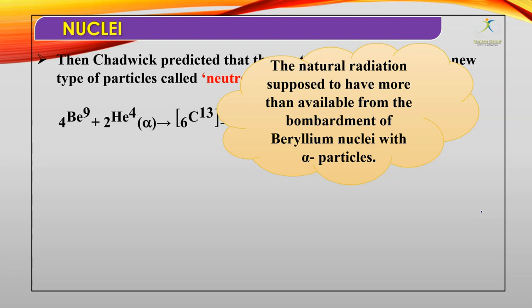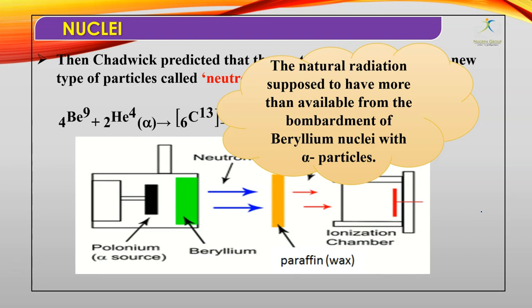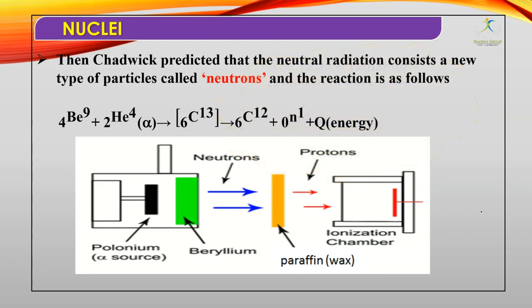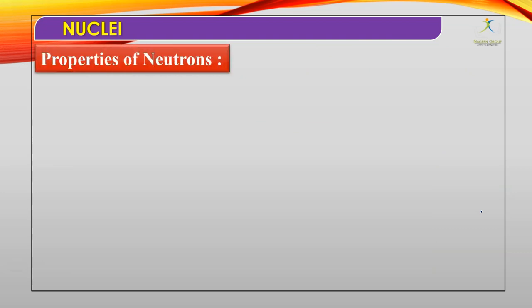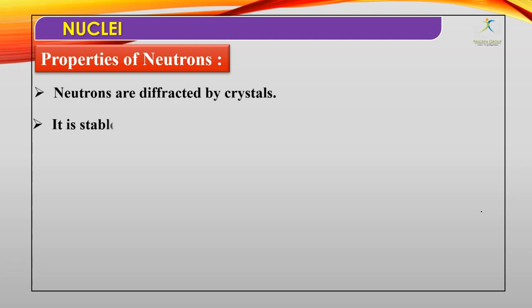The radiation was supposed to have more energy than was available from the bombardment of beryllium nuclei with alpha particles. Properties of neutrons. Neutrons are not diffracted by crystals.